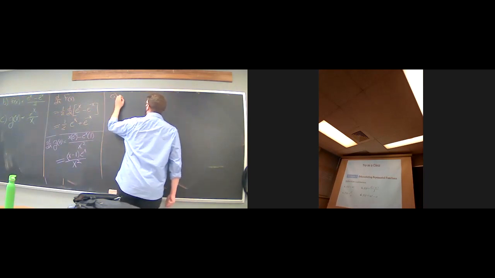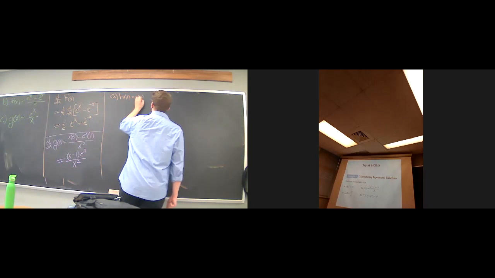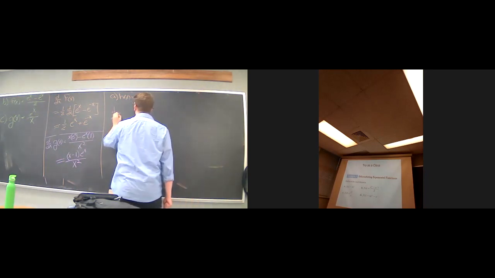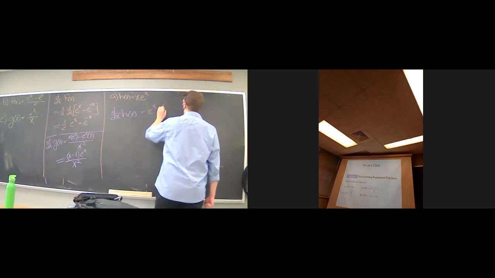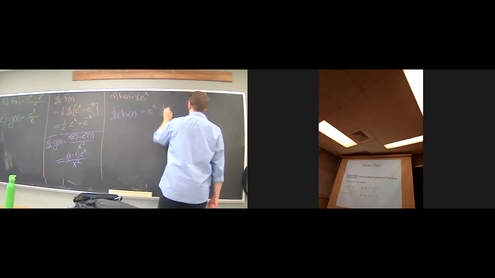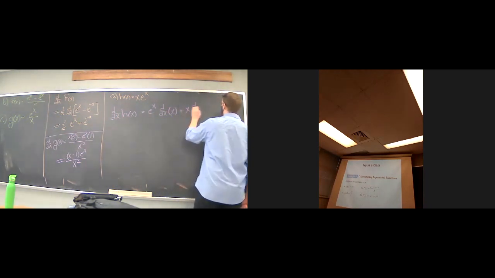So really quickly looking at A, the derivative is equal to e to the x times the derivative of x plus x times the derivative of e to the x.